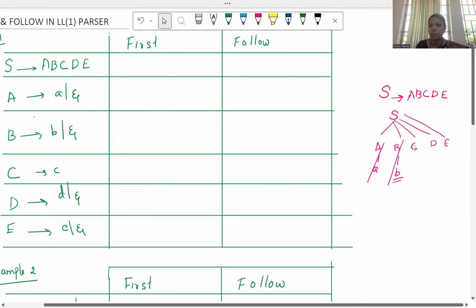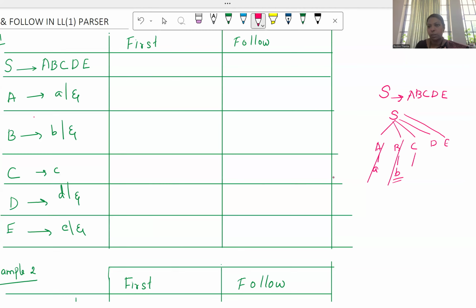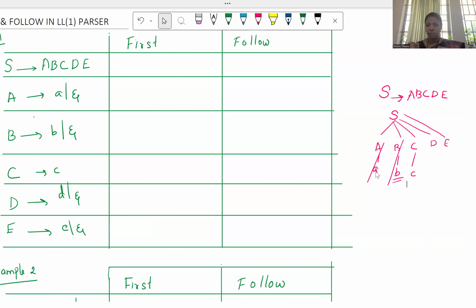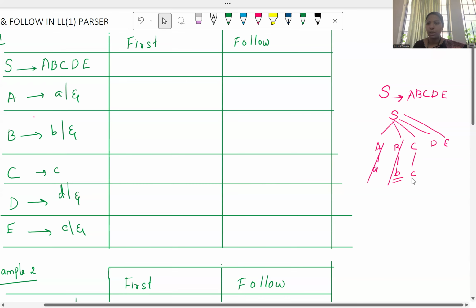In this case, we have C as my first symbol. If I substitute C, what is the production for C? C can be derived as small c. So in this case, what is First of S? It can be c. So I have 3 alternatives for First of S. Whenever I generate any string out of this production, the first symbol coming out can be a, it can be b, it can be c.